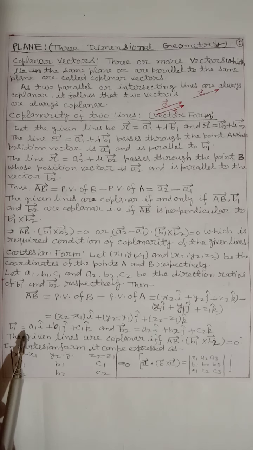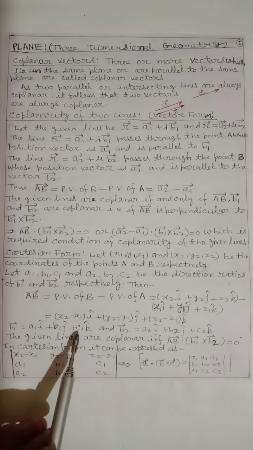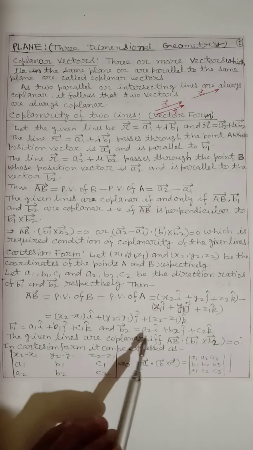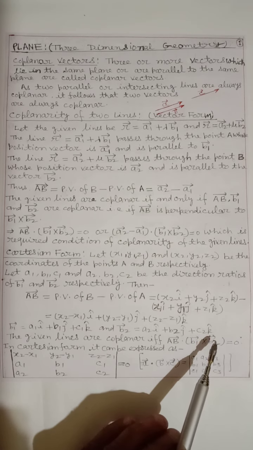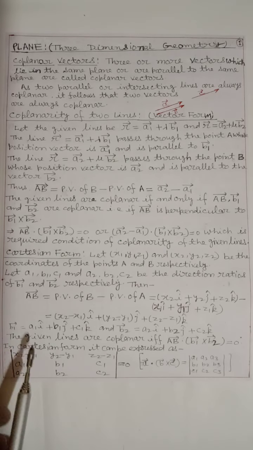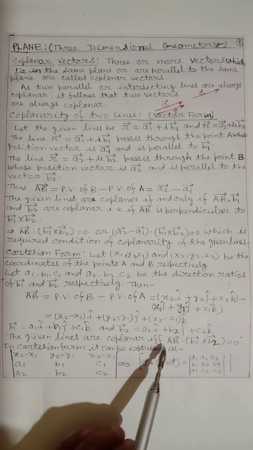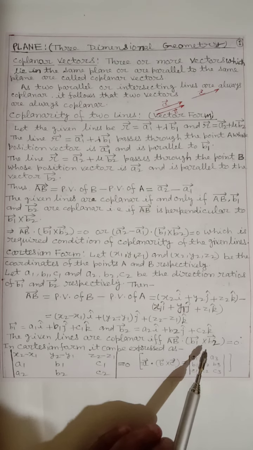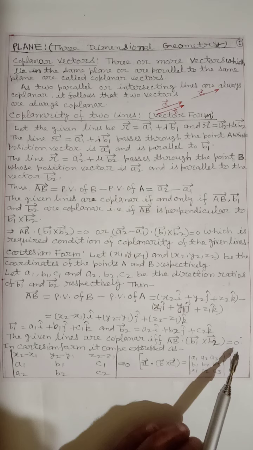Vector b1 equal to a1 i cap plus b1 j cap plus c1 k cap, and vector b2 equal to a2 i cap plus b2 j cap plus c2 k cap. Dear students, the given lines are coplanar if vector AB dot vector b1 cross vector b2 equal to 0.